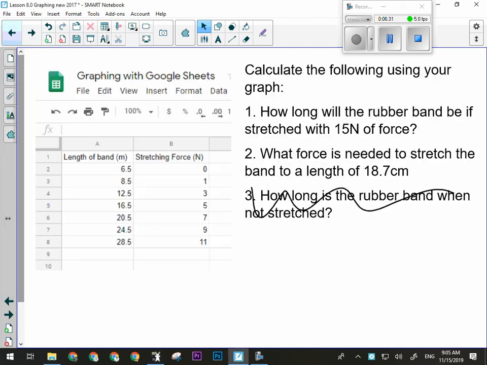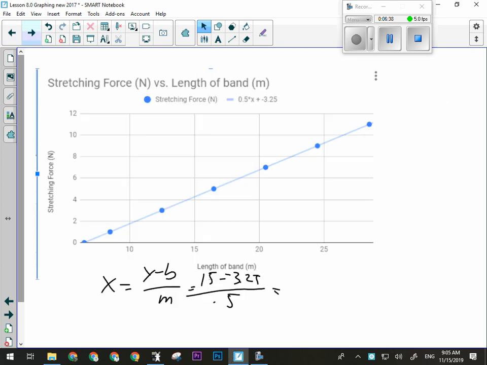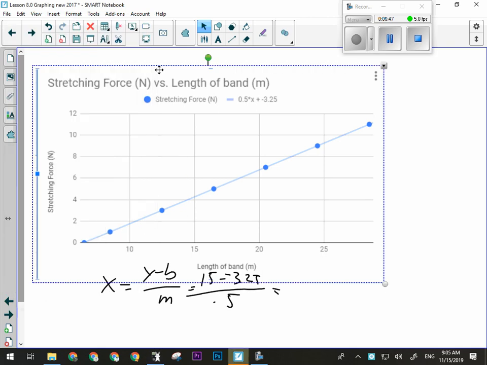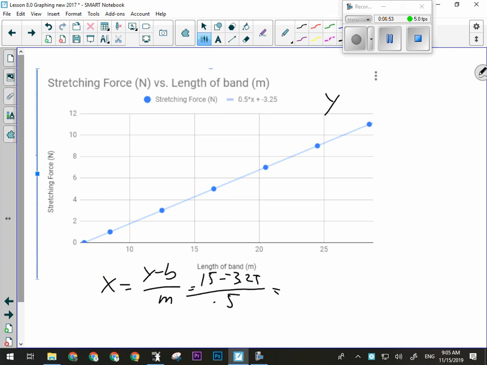And then for question number 2, what force is needed to stretch the rubber band to a length of 18.7 centimeters? So not going to be a whole lot different because we just calculated the length. Oh no, sorry, that's different. We've got x here. We're given x is 18.7 centimeters, so we're just calculating y this time. That'll be 0.5 times 18.7 plus negative 3.25.